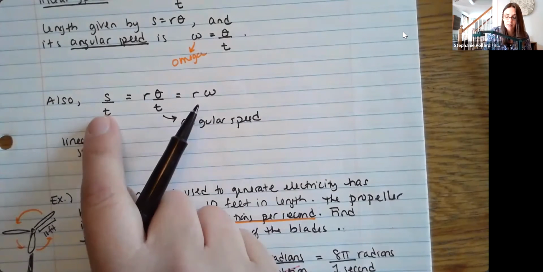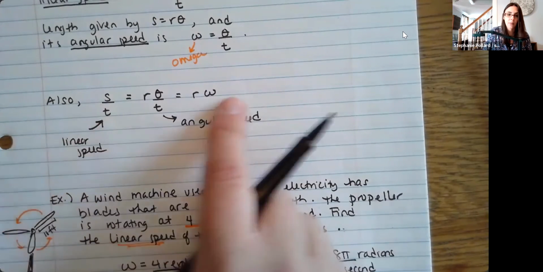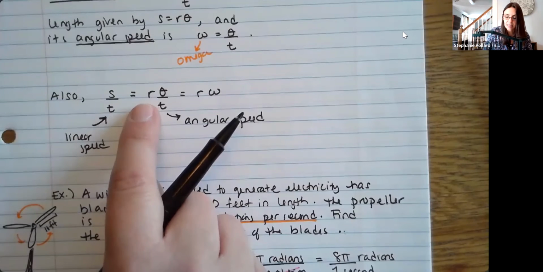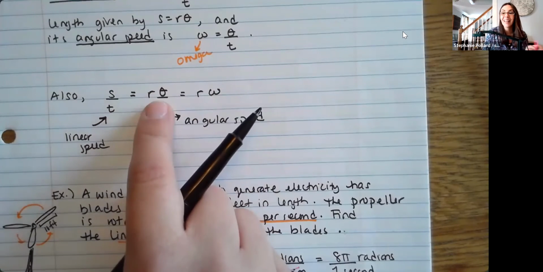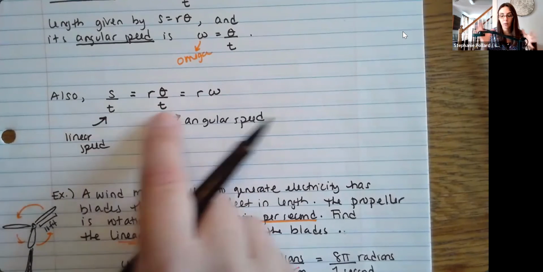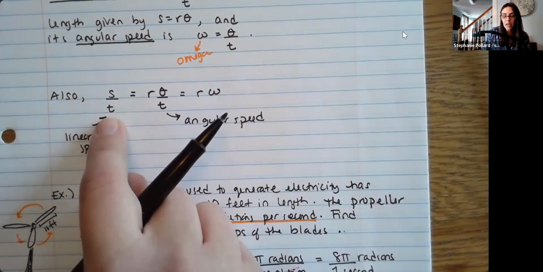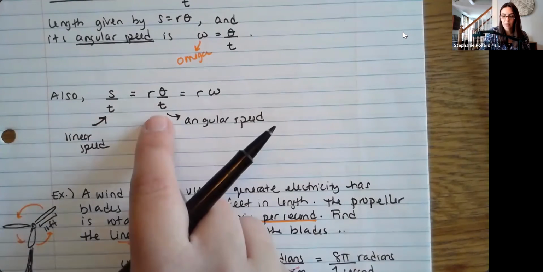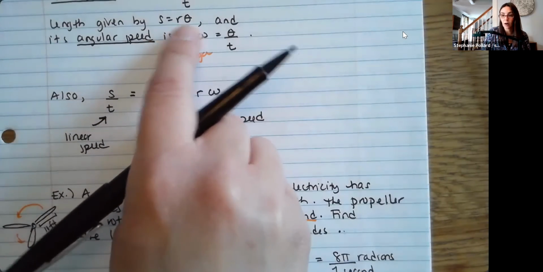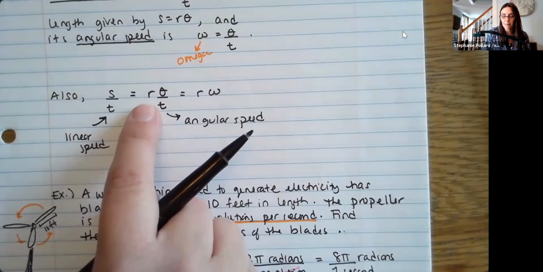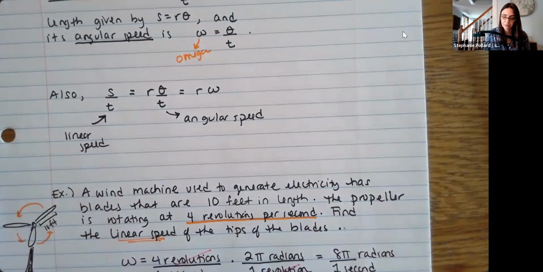But I don't have arc length here. I can also use the formula of radius times my angular speed, right? So because of this association, there's different ways to get the linear speed. If I knew the arc length, I could just divide it by the time. Or what I could do here is use that r theta instead for arc length. I take the radius and I multiply by my angular speed.